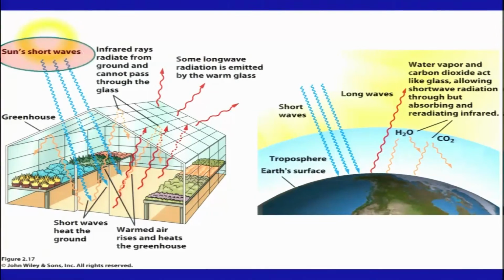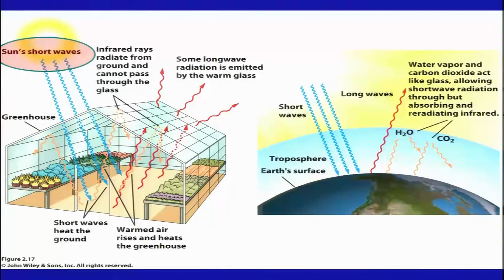Short waves from the sun come to the atmosphere and penetrate through the atmosphere onto the earth's surface. The short waves heat the ground. Warm air rises and heats the greenhouse.